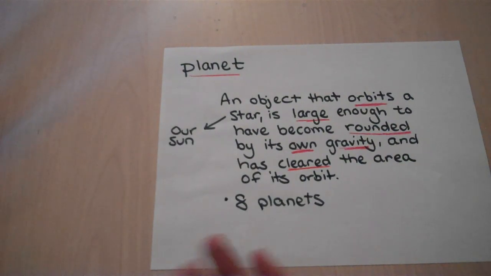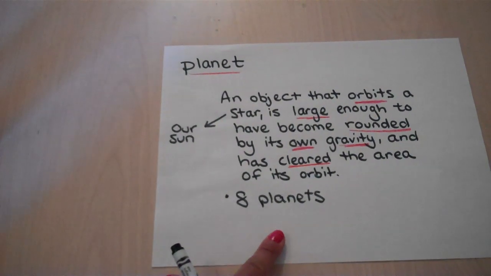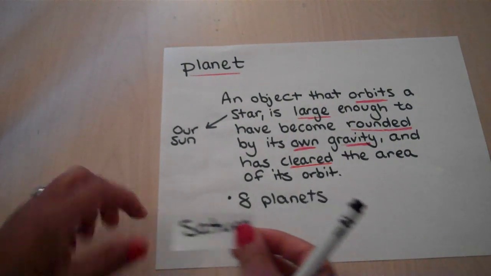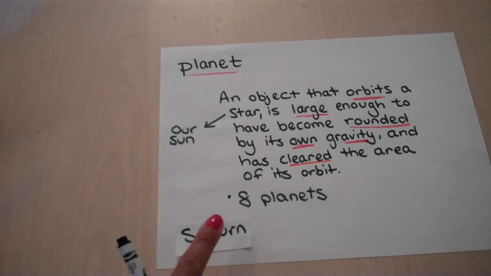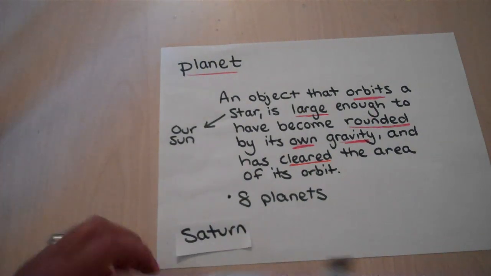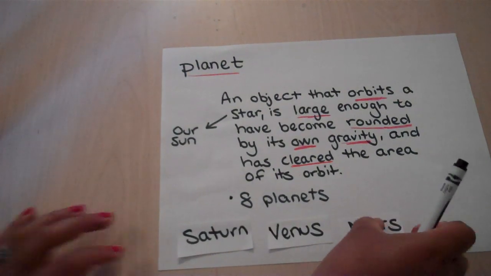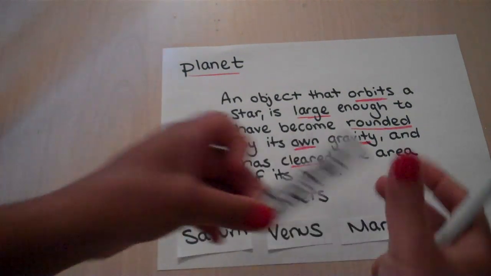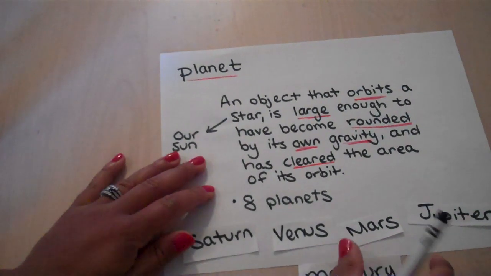Now, something else that's pretty special about these 8 planets is that without a telescope, there are 5, and I'm just going to put them under here, that we can see without a telescope. Saturn, Venus, I'm not putting these in order, Mars, Jupiter, and Mercury.